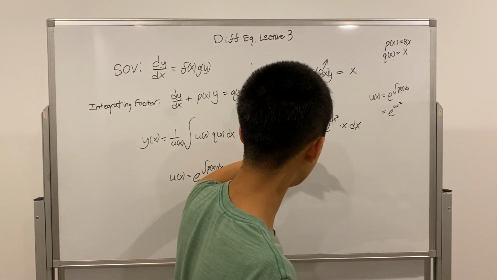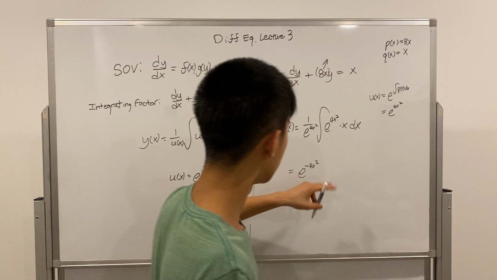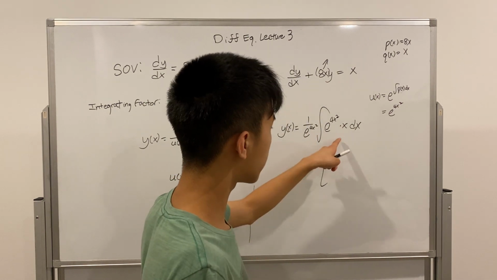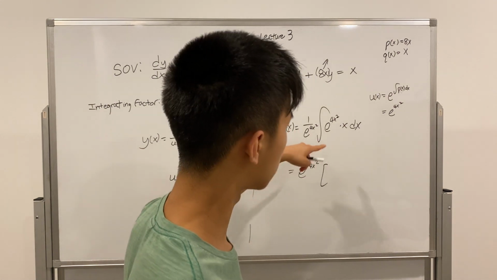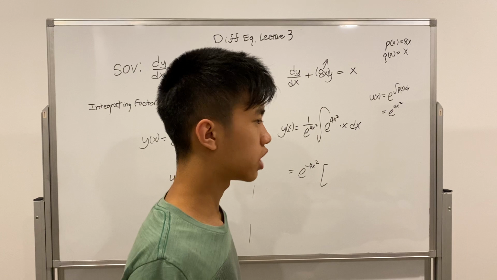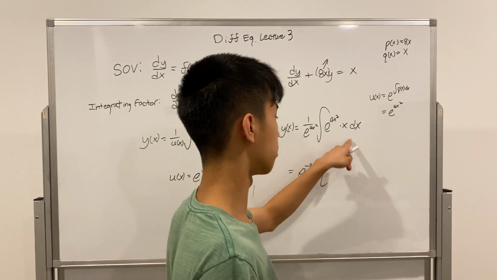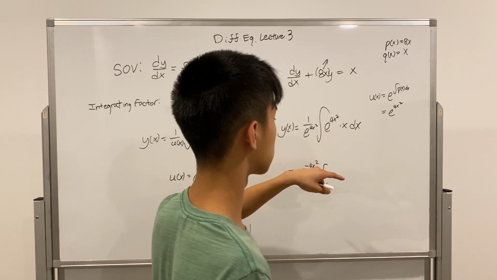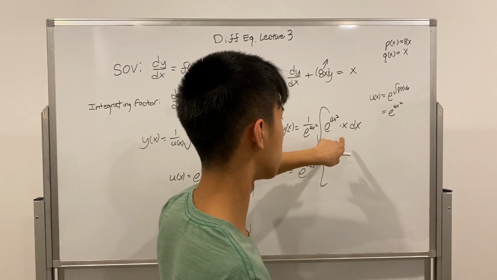So now we have e to the negative 4x squared power times an integral where we can do a u substitution. This is why differential equations comes after calculus 2, maybe calculus 3. You need a calculus background to be able to solve differential equations, because oftentimes you'll be doing integrals.